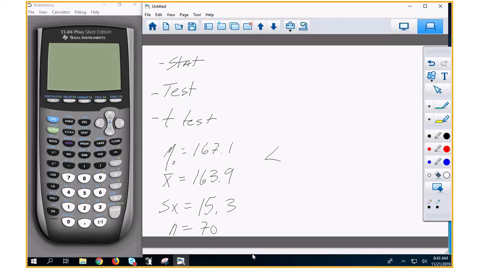And when you calculate all that, you should get a t-value of negative 1.75, and then a p-value of 0.0422, which you go down here and you say 0.0422, and then 0.01, and then what do you say?